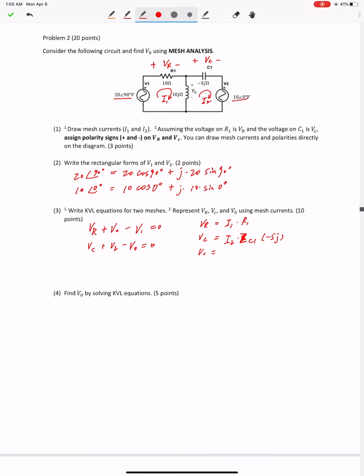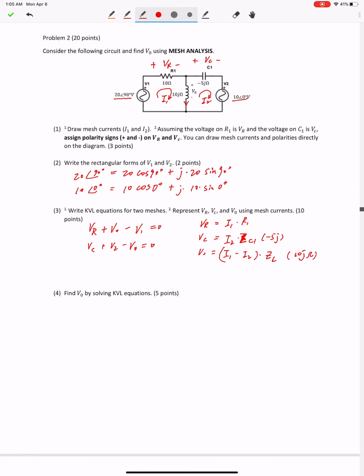You need to find the overall current on this inductor, and that should be going down because the polarity of V naught is positive on the top side, negative on the bottom side, which implies the current on the inductor is flowing down, right? Alright, so the current should be I1 minus I2 times ZL, right? And ZL is 10j ohms.